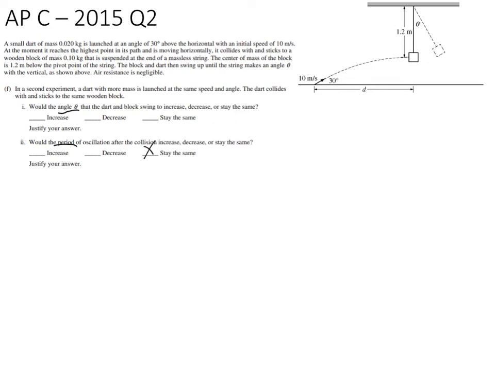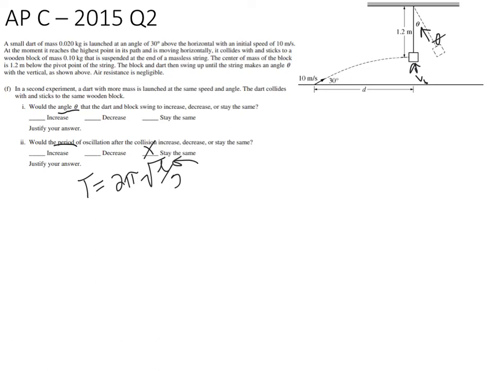Now, the reason we know that is because if we look at the equation for a period, it's 2 pi root L over g. Changing the mass and not changing speed, that's really all that's going to do is affect the speed that this has here and the height that it ends up going. It's going to change those values. But L is a constant value.